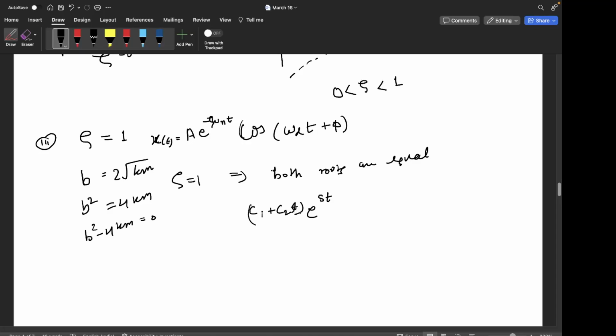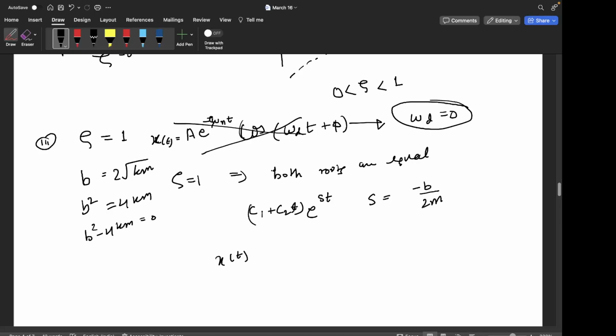And since s in our case is minus b by 2m, so for our case x of t, this will not be valid, right? This will not be valid because omega d is 0, and this type of solution does not come out when xi is equal to 1. Omega d is 0 can indicate to you that there are no oscillations.